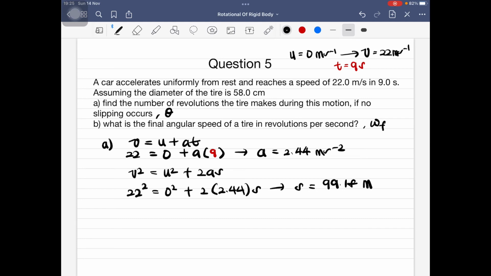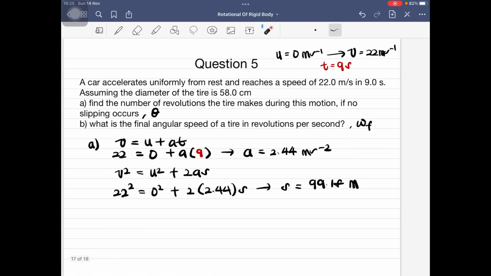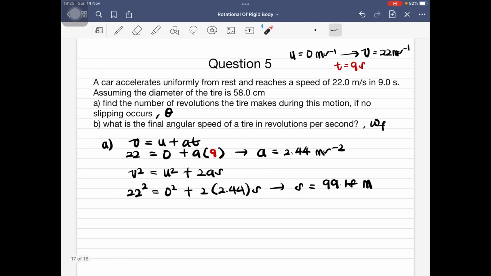Right, after I found the linear displacement s, I'm going to use this value to find the number of revolutions. So there is one equation that relates these two displacements, which is linear displacement s and angular displacement theta, which is s is equal to r theta.